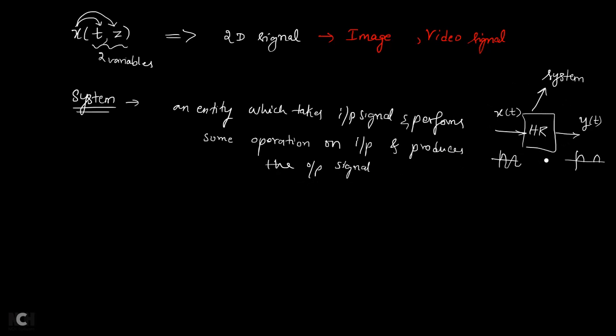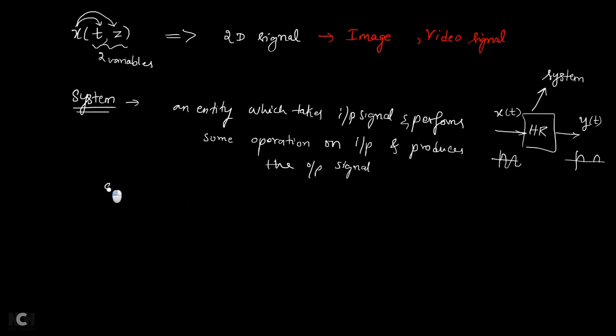So by seeing this block diagram, we can define the system. A system can contain inside a circuit, a block diagram, or an interconnection of other systems, or it can be a program embedded on a programmable device.